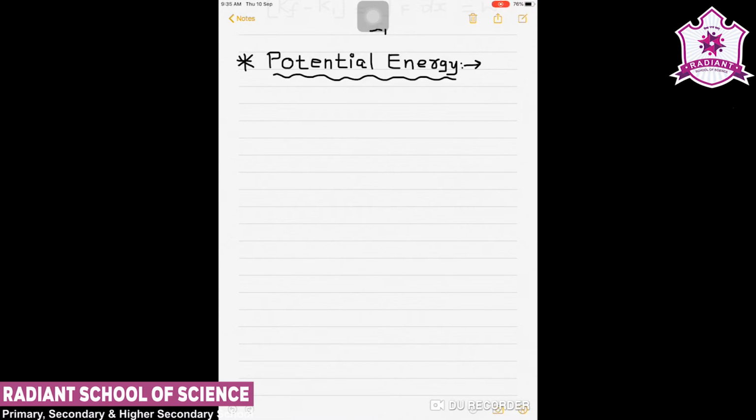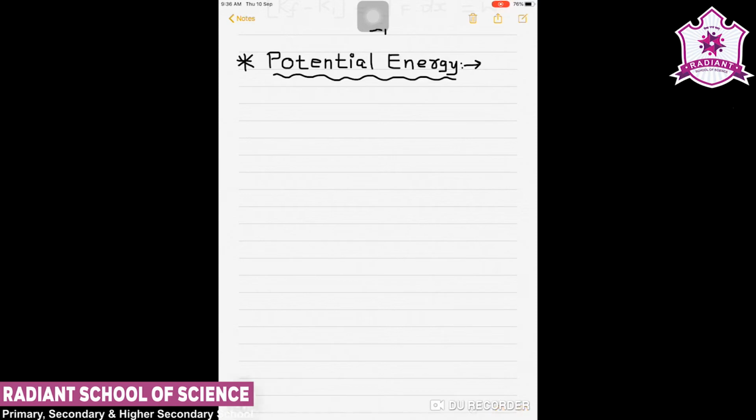Suppose we say that this object has this much potential, that means it shows its ability to perform some action. So the term potential energy brings to our mind a very valued thing, that is, stored energy.